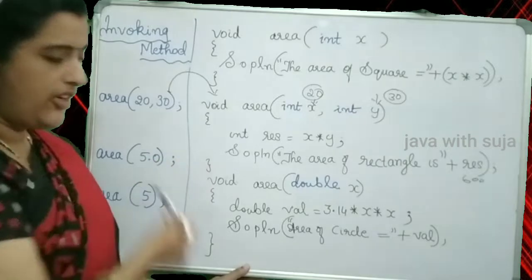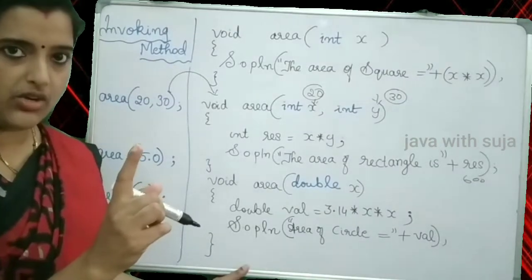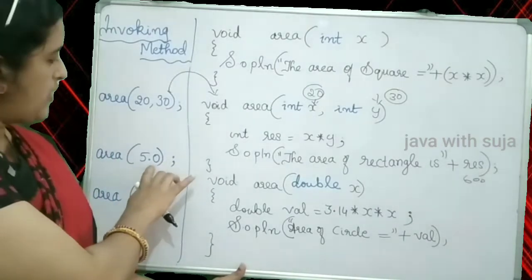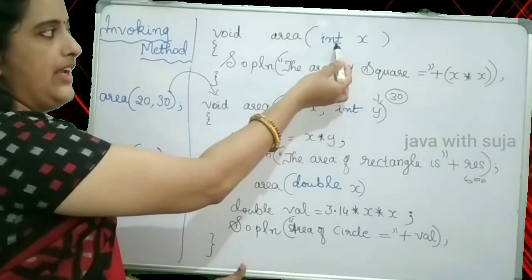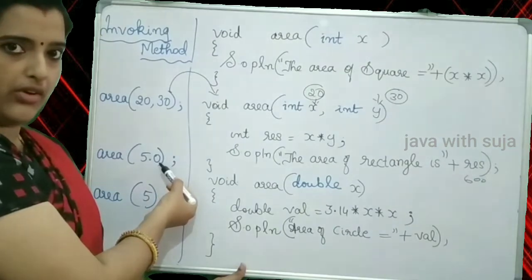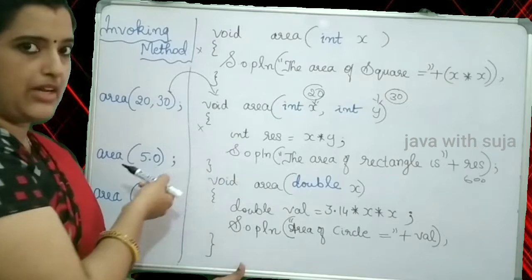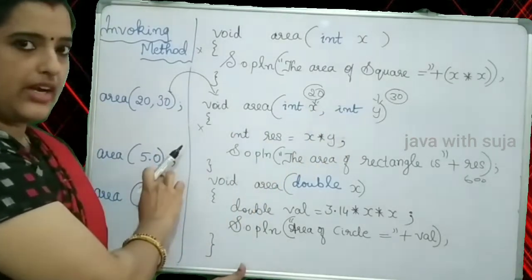Now see the second invocation, the second method call. You have given only one argument, but it is of floating point type. First the compiler will check with this method definition. Here we are supposed to give an int, but we are passing a value of floating point type, so there is a mismatch. Here there is no comparison because we expected two values, but we are providing only one value.